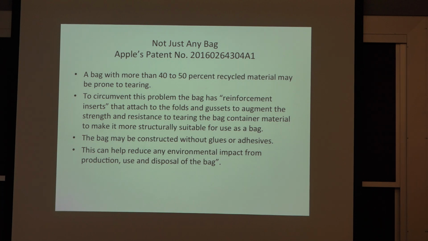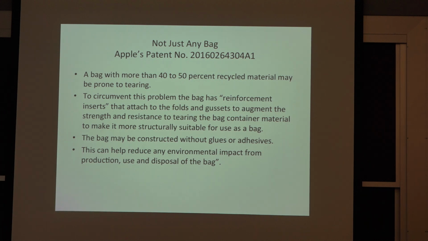As you can see, that's not a typical bag. It's different than what you pick up at the store over at the Adams Center or at the corner grocery. It really has an awful lot more engineering in it than your typical bag.